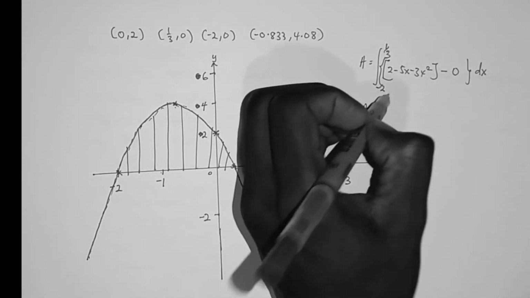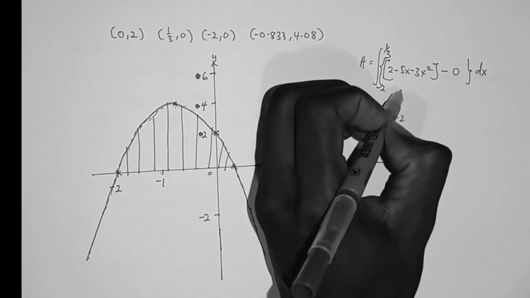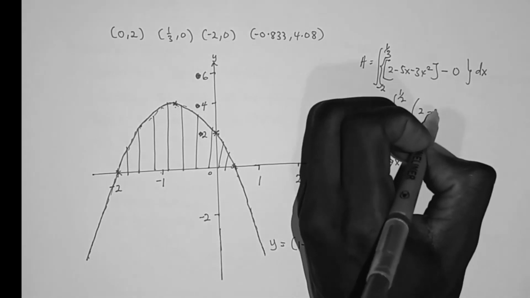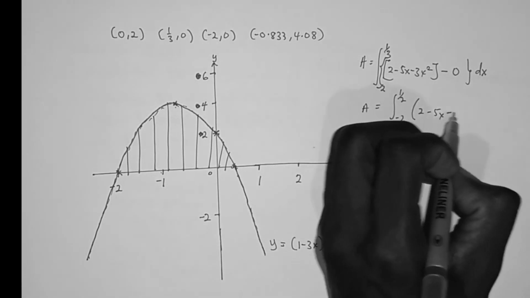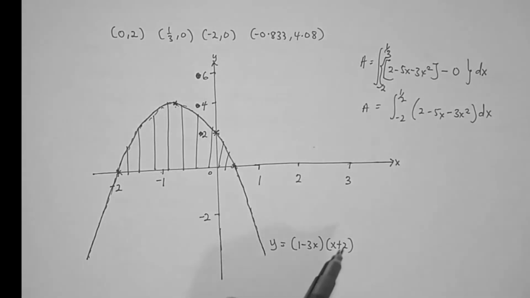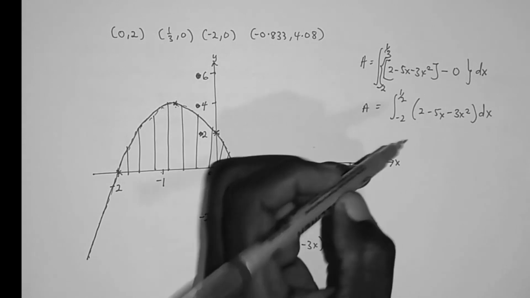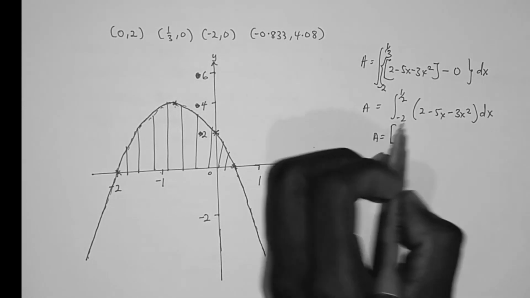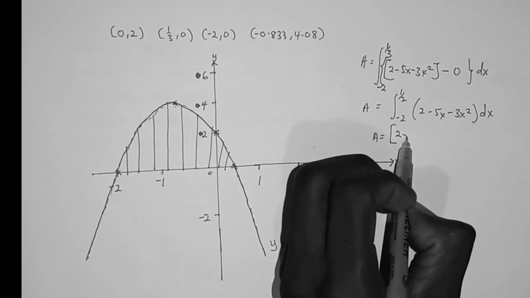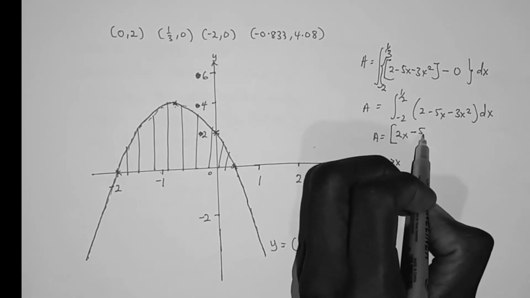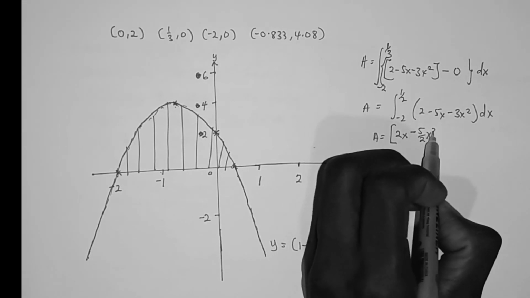So A is equal to the integral from minus 2 to 1 over 3 of 2 minus 5x minus 3x squared dx. So let's go ahead and do the integral. If you integrate 2, you will get 2x. If you integrate minus 5x, you get minus 5 over 2 x squared.